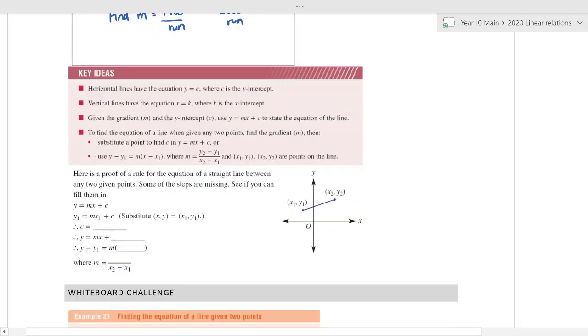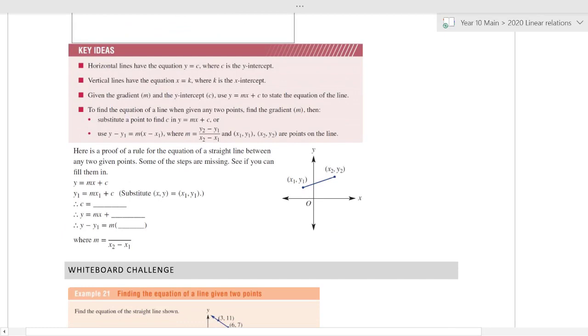And over here, let's have a look, what is the rise? Well, the rise is if I subtract y1 from y2. You see there, y2 subtract y1 is going to be that distance there. And if I have x2 and then I take away x1, that's going to be my run.